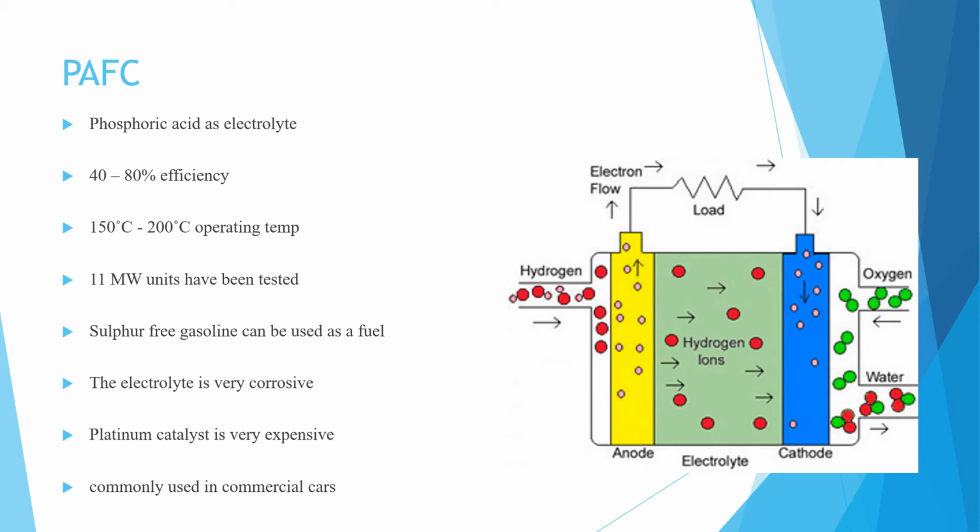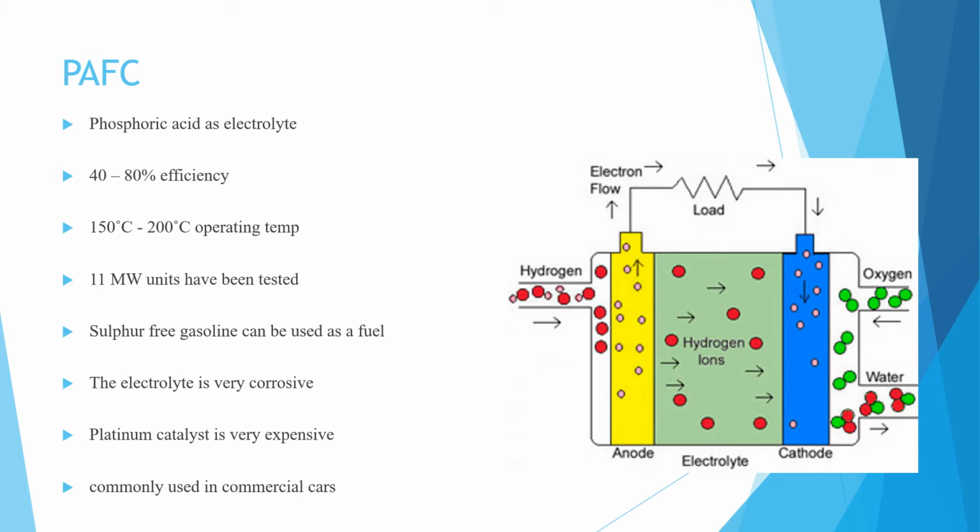The electrolyte is very corrosive. Here, a platinum electrode is used. Its internal part must be able to withstand the corrosive acid. That is why the electrode must be acid resistant.